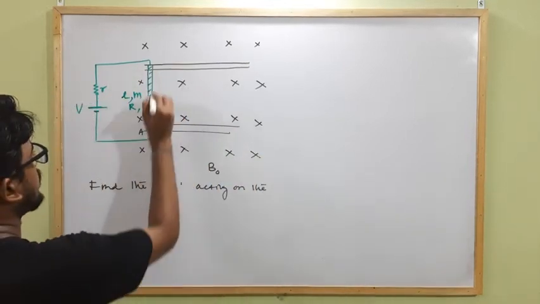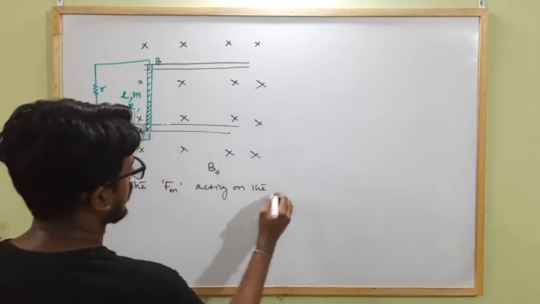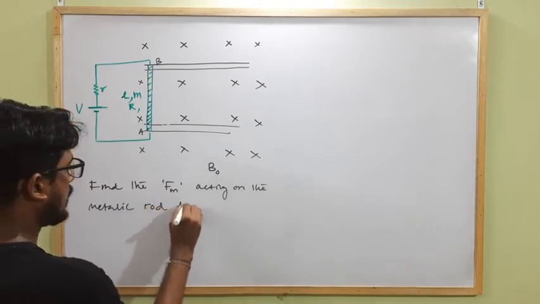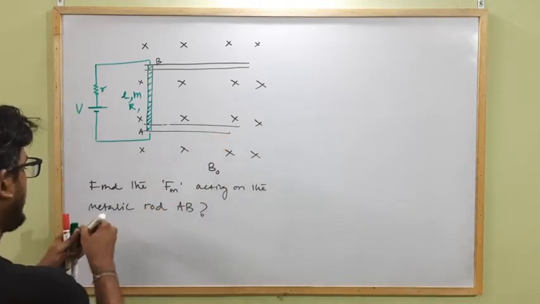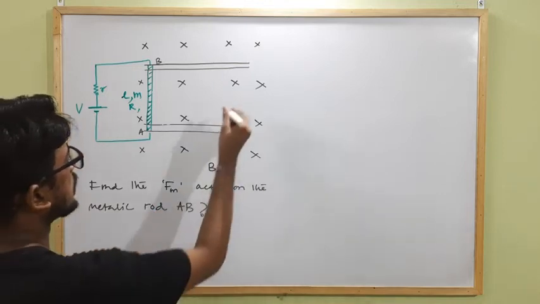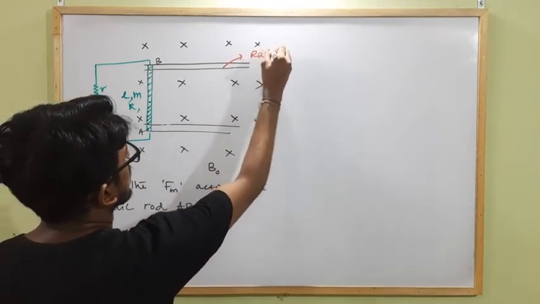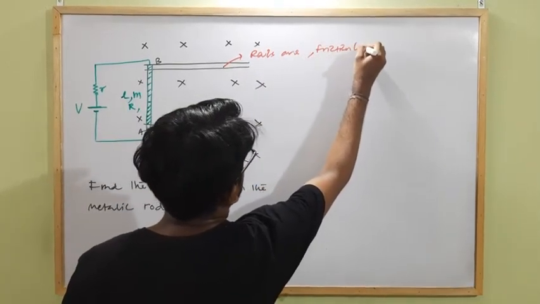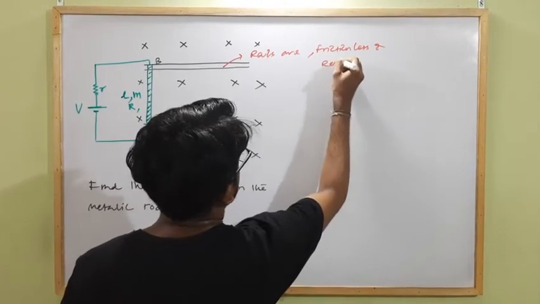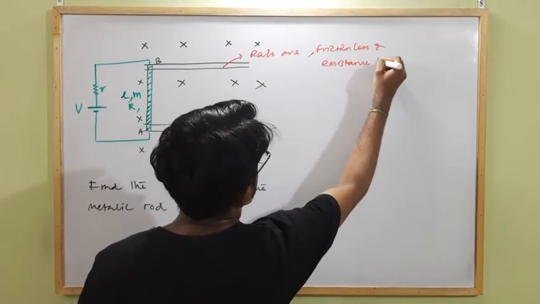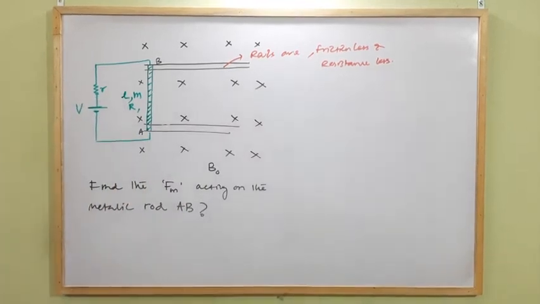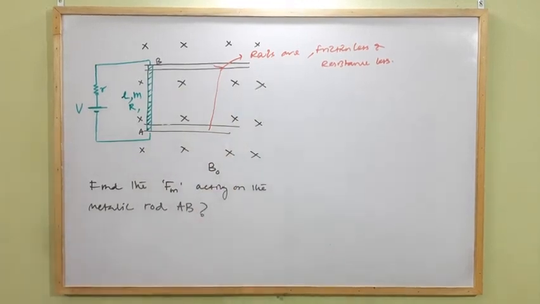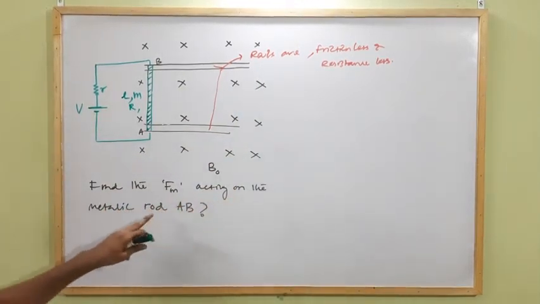Let the name of the rod be AB. Acting on the metallic rod AB. The rails are frictionless and resistanceless. Okay, both the rails are frictionless and resistanceless. So what is the F acting on the rod AB?